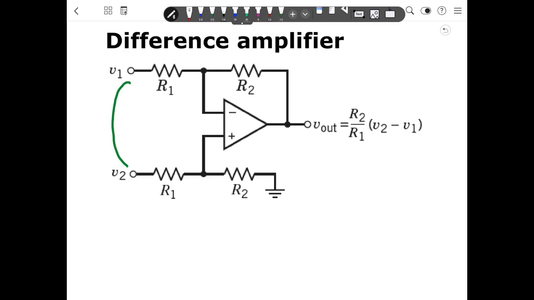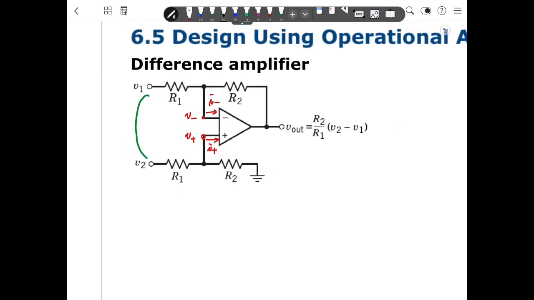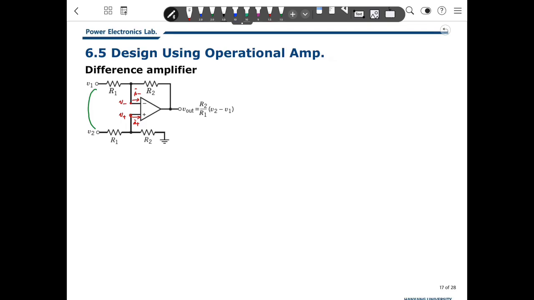What should we do? We first define some variables. This node voltage is V positive. This node voltage is V negative, and this current is I minus, and this current is I positive. Then you write a relationship: V plus equals V minus, and I plus and I minus are 0.